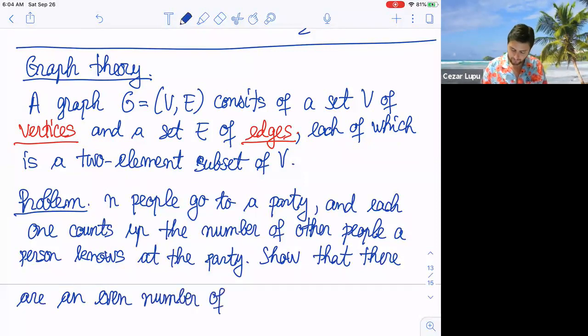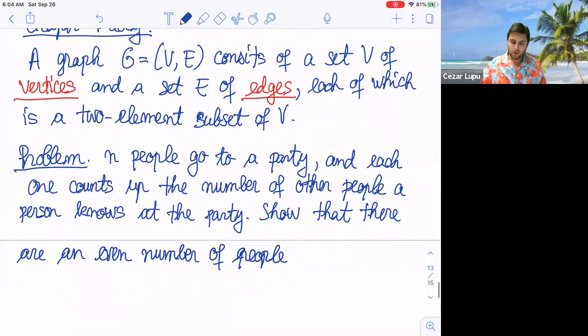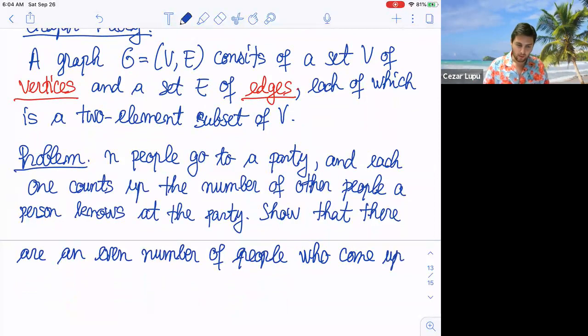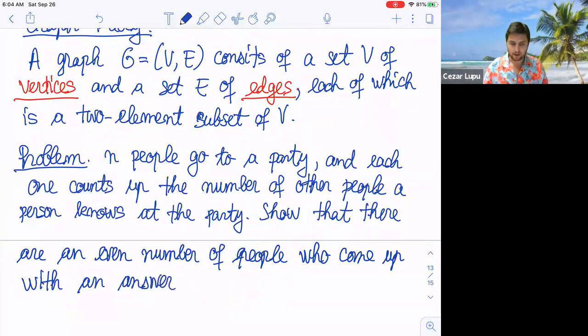Show that there are an even number of people who come up with an answer that is an odd number. I hope this makes sense.